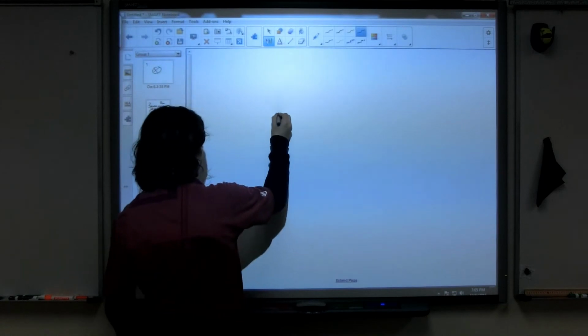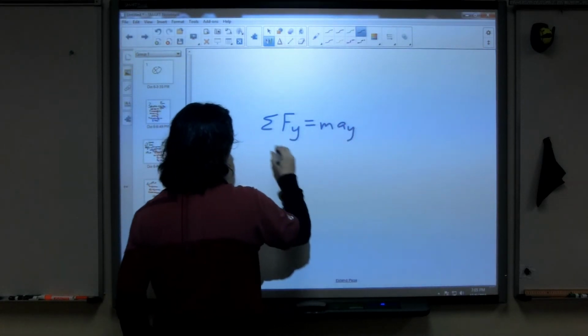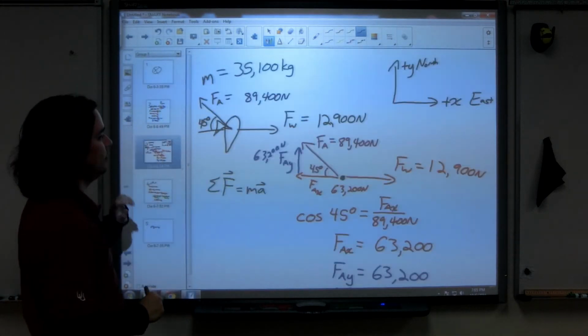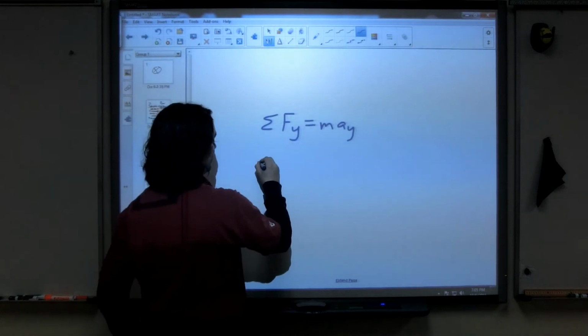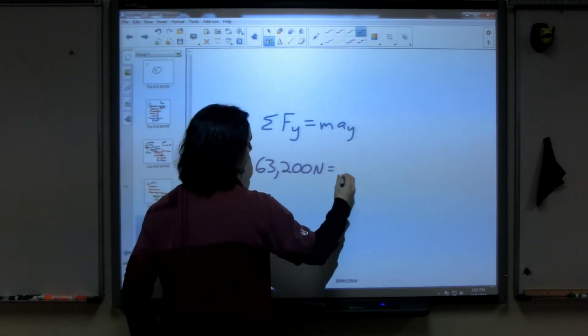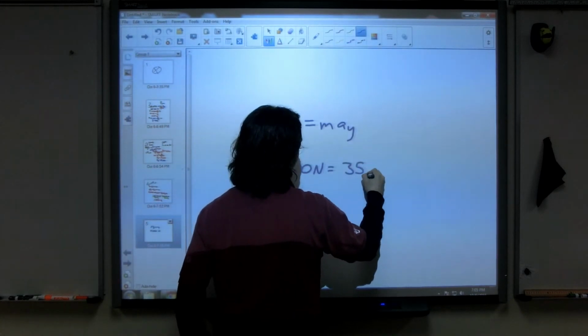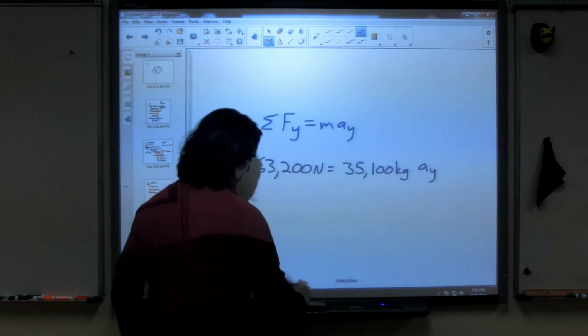On the upside, the sum of forces in the y equals mass times acceleration in the y. This one's going to be much easier. I only have one force in the y, 63,200 newtons, and it's positive because it's up. 63,200 newtons equals my mass, 35,100 kilograms, times my acceleration in the y.